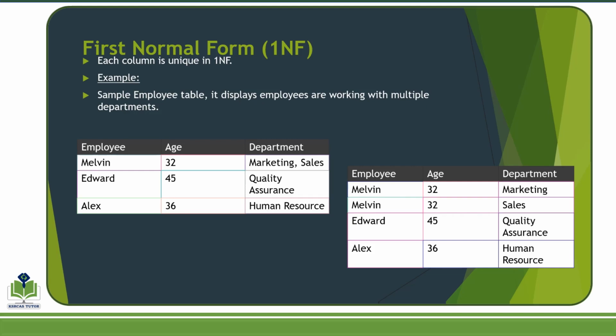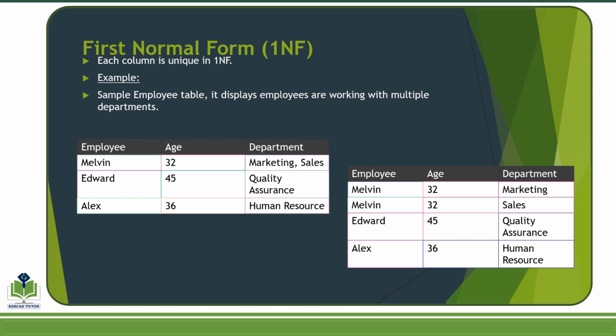For this first normal form, we can see an example called the employee table. In this employee table, denoted on the left hand side, there are three fields called employee, age and department. In the first field, the name of the employee is specified, in the second field the age of the employee, and in the third field the department in which the employee works.